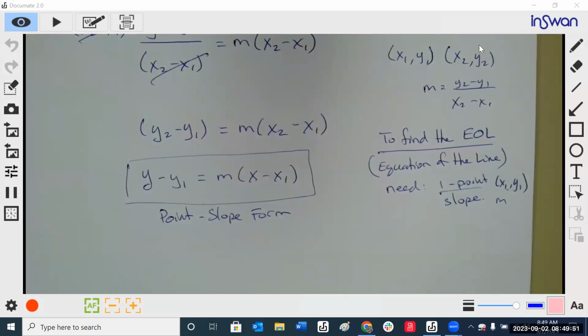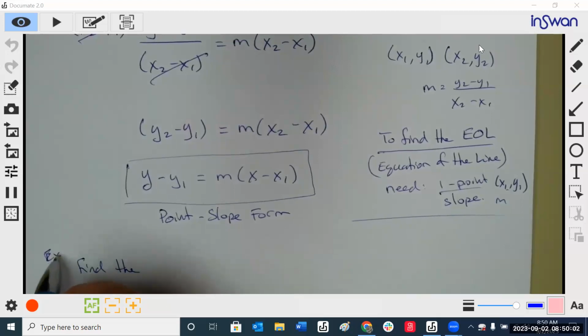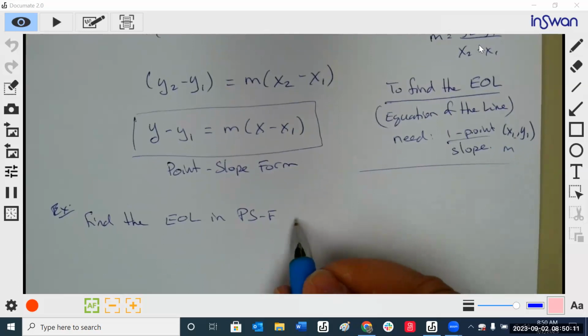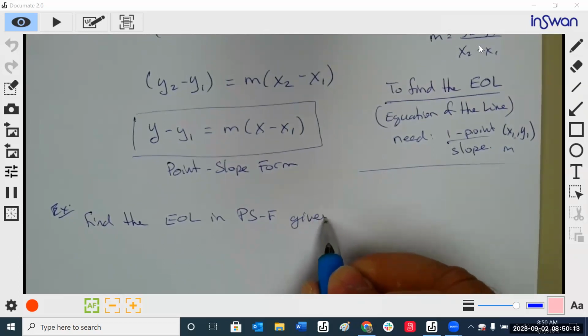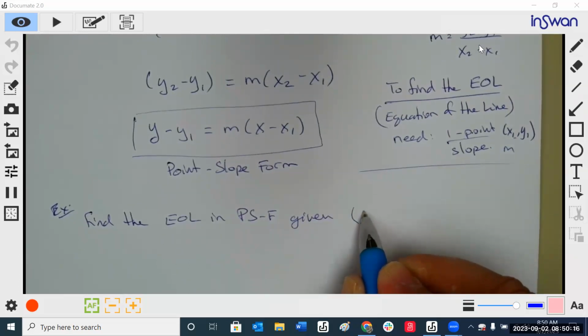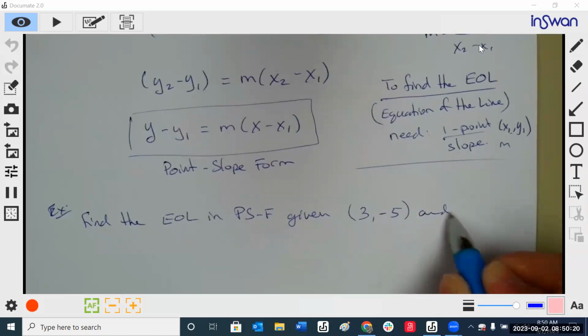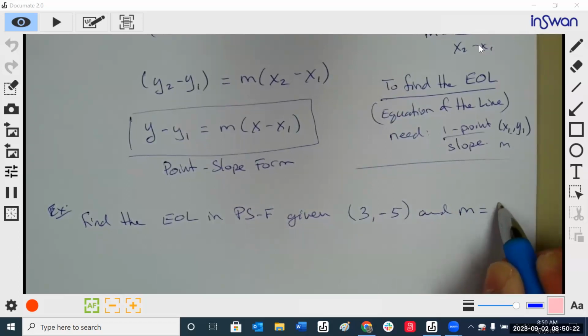So if I give you, here's an example. Find the equation of the line in point slope form. Given 3, -5, and m equals 2.